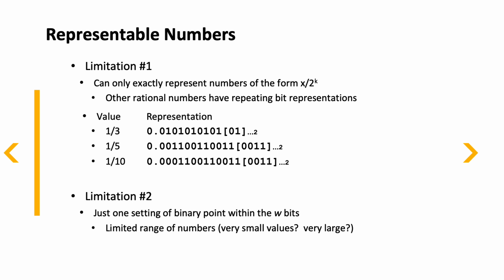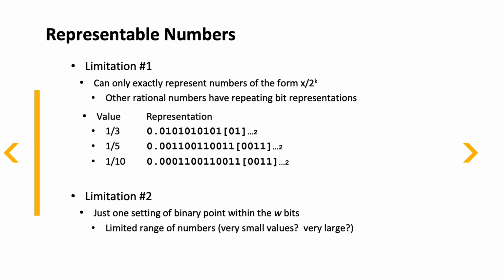Now, how do we go about representing those things? The second limitation is that there's just one setting of a binary point within the W bits. We're talking about a computer system, so all I've got is a word size. If I'm dealing with a 32-bit word, I've only got one place where I can put a binary point. I cannot do different binary points in different places. I've just got one binary point to work with somewhere within those bits. That limits my range of numbers. If it's way up toward the most significant bits, then I can do a whole bunch of very small values, but I can't do many larger values.